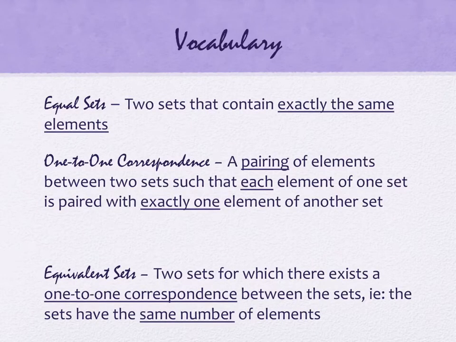A one-to-one correspondence is a pairing of elements between two sets, such that each element of one set is paired with exactly one element of another set. So, visually speaking, what has to happen is you have to have the same number of things.